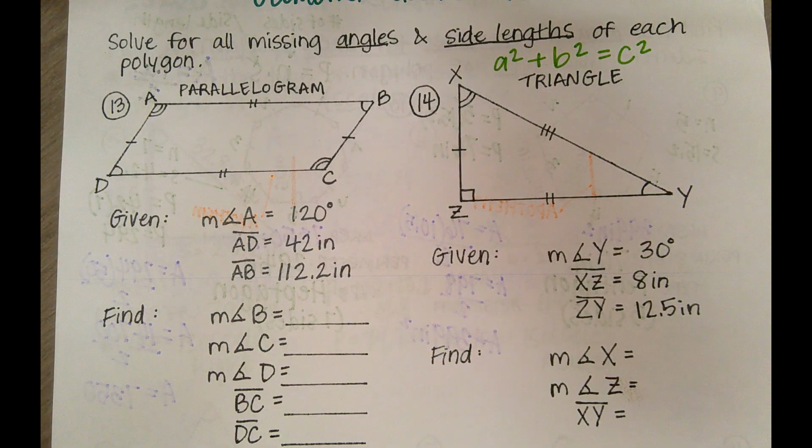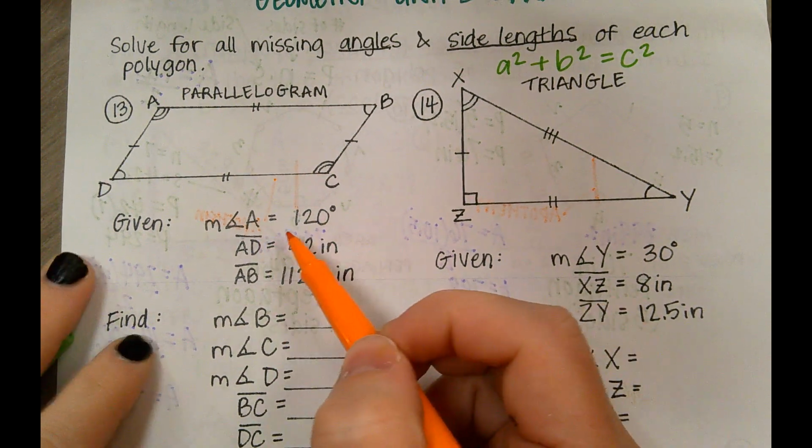So for number 13, I've told you that this is a parallelogram. I've marked your sides that are equal, your angles that are equal, and I've given you some measurements. Now, the very first thing I will always recommend is to label everything that you already know on your picture.